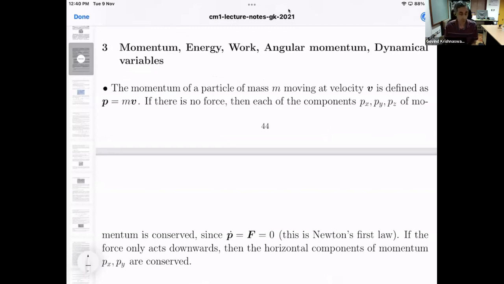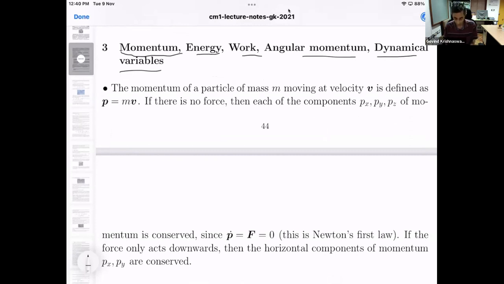But now let us come back to some topics which might be called analytical dynamics, analytical mechanics. So let us start with things we are familiar with. I want to talk a little bit about momentum, energy, work, angular momentum, and what we mean by dynamical variables. Okay, so let us introduce all these concepts.